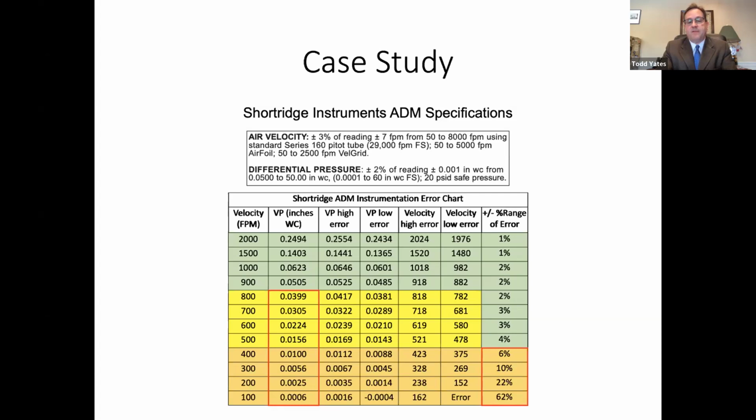You get down close to 500 and below, then your error is really getting large, and down at very low rates, you would have to be well below where Shortridge says that they can read, because they tell you their differential pressure readings are plus or minus 2%, plus or minus 1,000th from 0.05. And you can see that 0.05 starts just about, it would be just below 900.